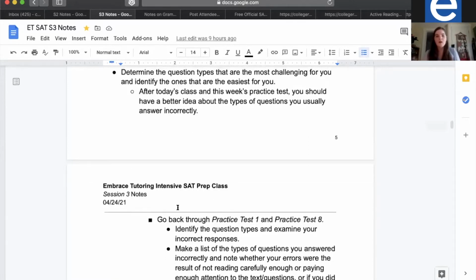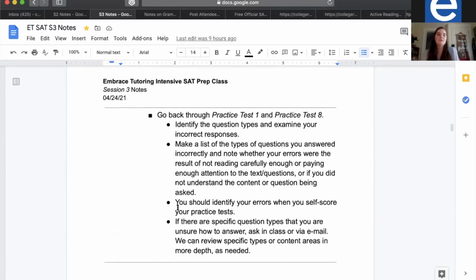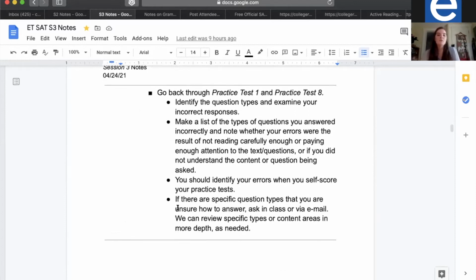Okay. All right. So every student should also go back through their practice test. Once you've identified the different passages and which types of questions you get wrong most often, I want you to go back through practice test 1 and practice test 8, even though you've already done them. I want you to identify the question types and examine your incorrect responses.